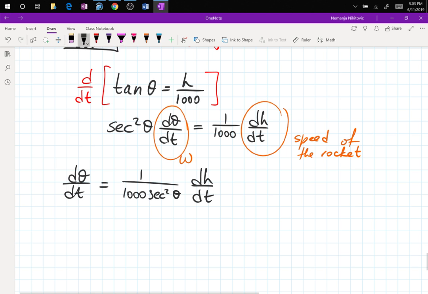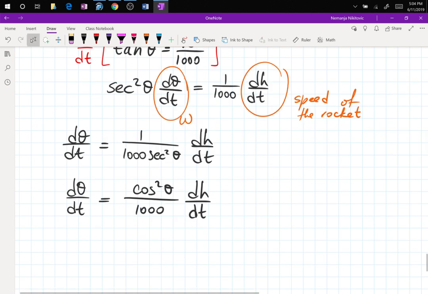Now secant squared in the denominator becomes what in the numerator? Cosine squared. Very good. So cosine squared theta over 1000 times dh dt. Secant is 1 over cosine.